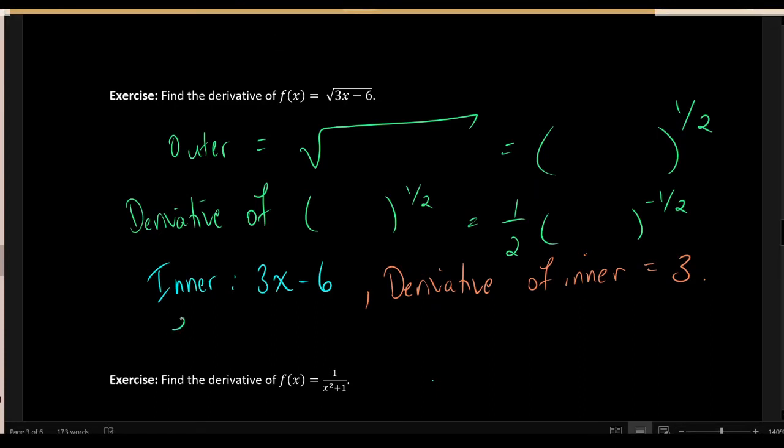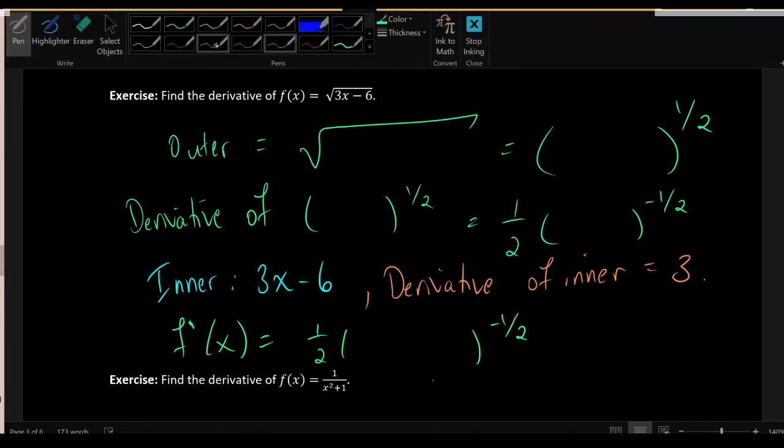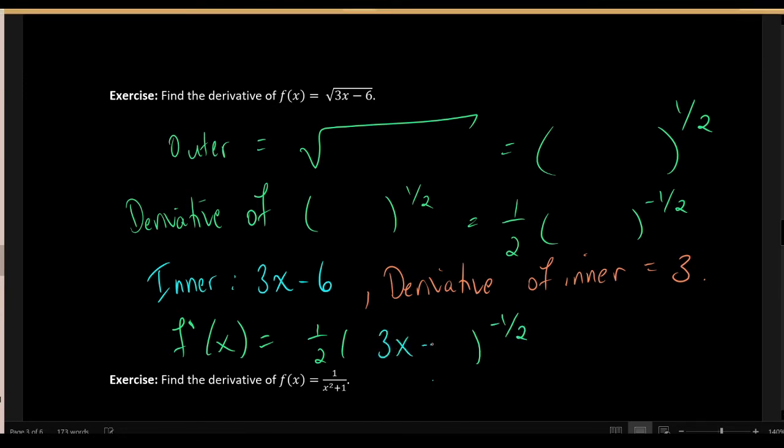What then is f prime? F prime of x is equal to the derivative of the outer function, which is 1/2 blank to the power negative 1/2. But in the blank, we put the inner function. Then multiply that with the derivative of the inner function.